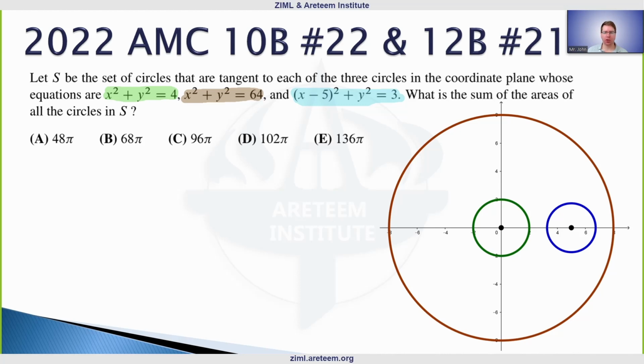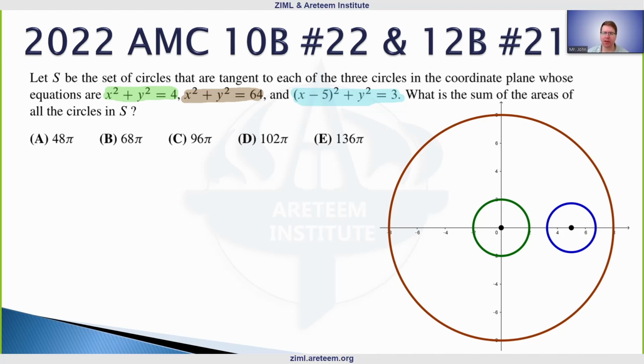So we have our circle of radius 2 in green in the center, brown circle of radius 8 sharing that same center, and then we have this circle of radius root 3 moved off to the side with this center of 5, 0 and radius of radical 3 in that case. And we're looking for circles that are tangent to all 3 of these circles. So not 2 of the 3 or anything, all 3 of the circles.